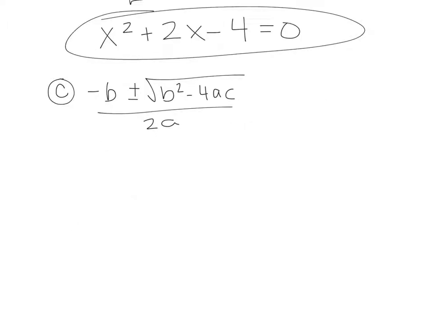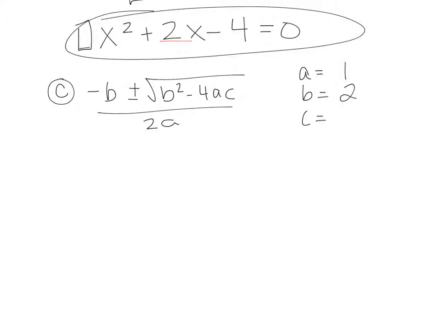For Part C, we want to use the quadratic formula to solve this equation, x squared plus 2x minus 4 equals 0. First, you want to identify the values for A, B, and C. A is the value in front of the x squared term, which is just a 1. B is the number in front of the x term, which is 2.